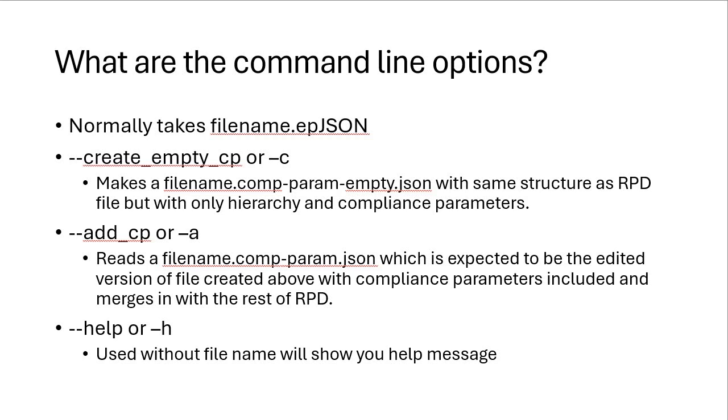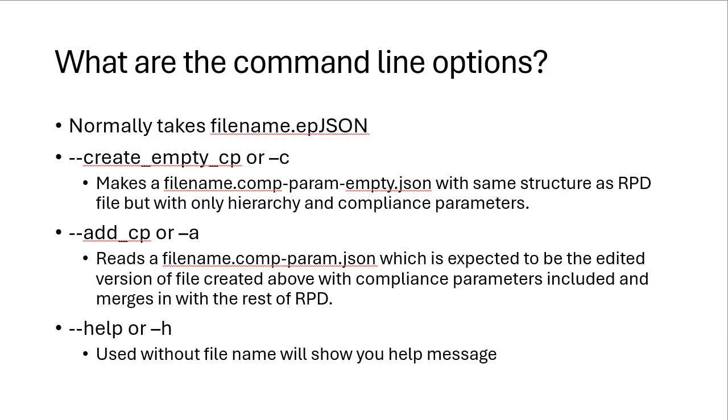One is create empty CP, or just C. It creates an RPD file that has the same structure with the same zones and surfaces and everything else, but only has the data elements that correspond to compliance parameters. The idea is that a user would create an empty file and then edit it to fill in all their compliance parameters.